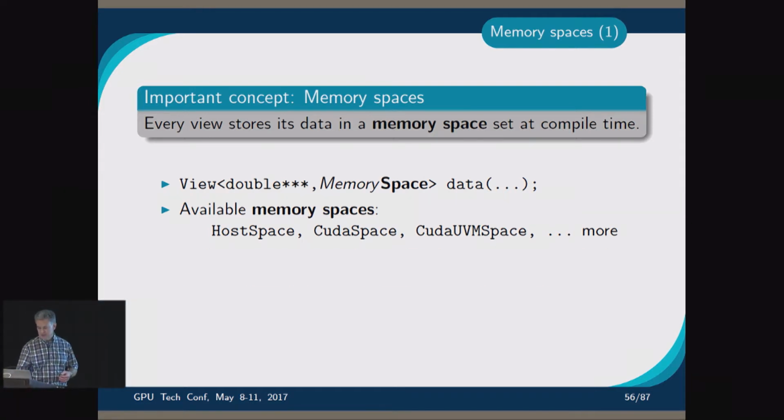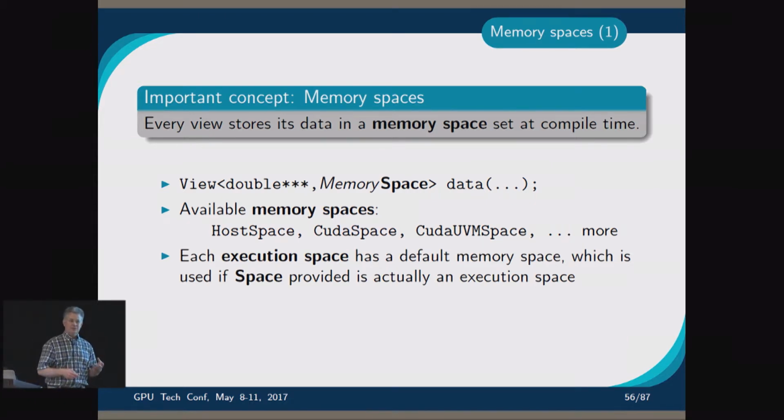So similar to the execution space, the memory space is not just physical memory, but how does the underlying embedded runtime of CUDA or whatever actually manage access to that? UVM is both a physical thing and an access mechanism which is buried down inside the kernel and the driver.